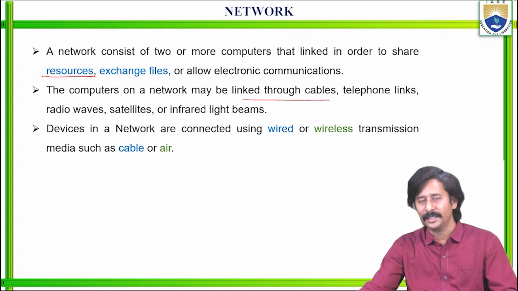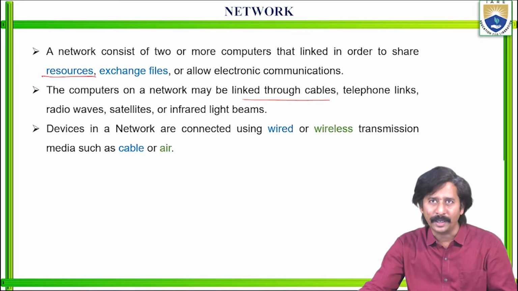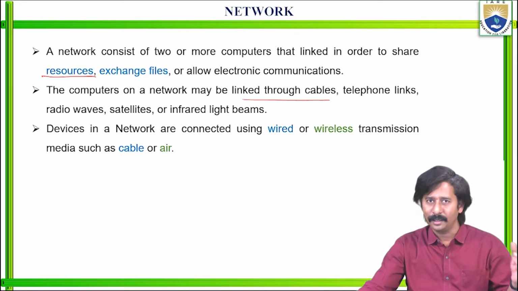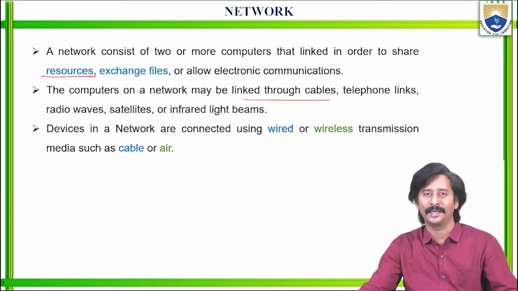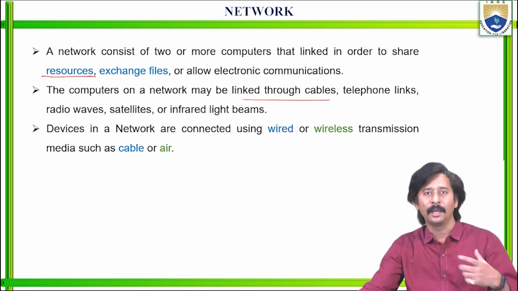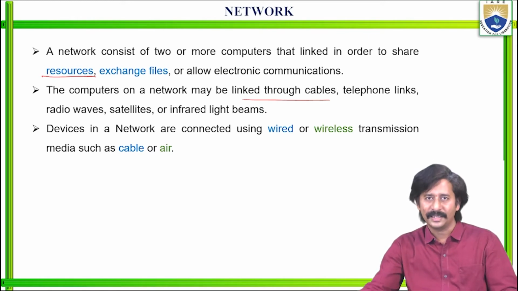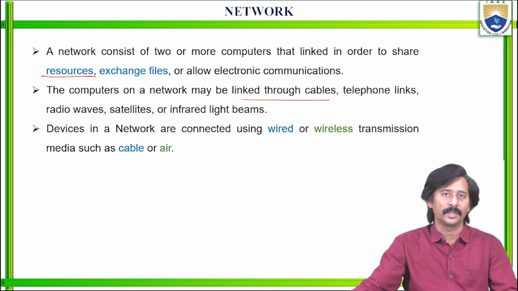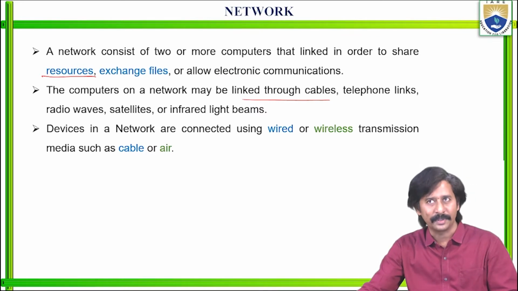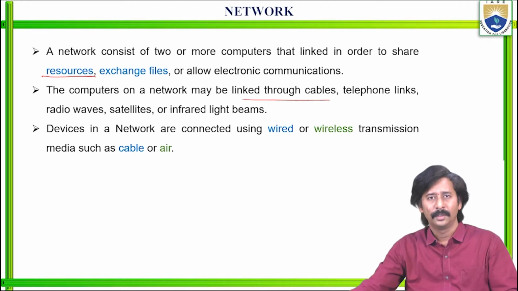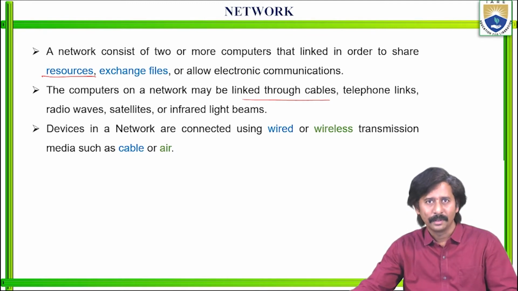So the systems on any network may be linked to each other in a connection-oriented or connectionless manner, for example through cables. Nowadays you can see a number of LAN, local area network, cables in our house also. In the previous days we used BSNL telephone lines, so we can use telephone links and radio waves.